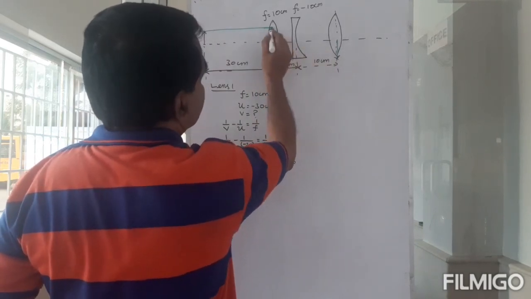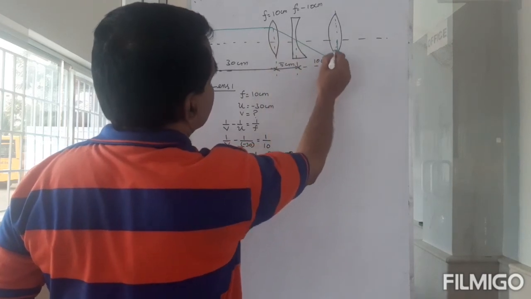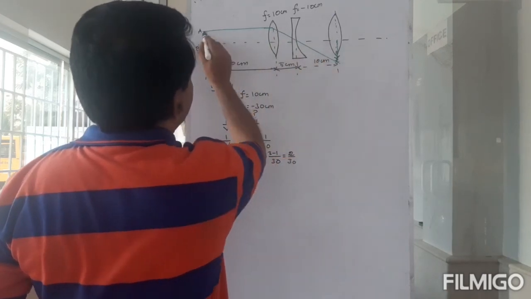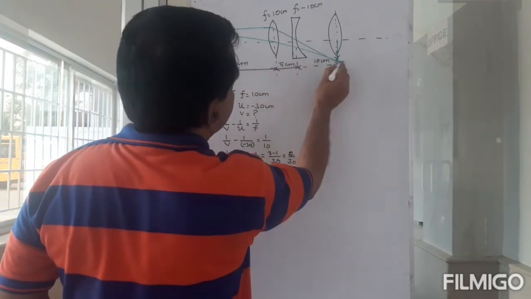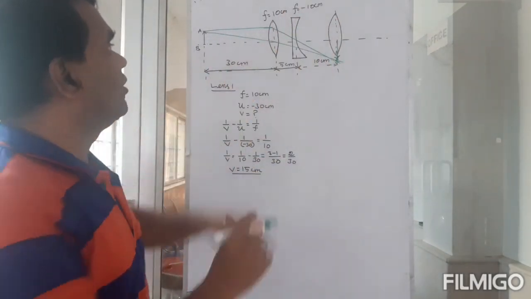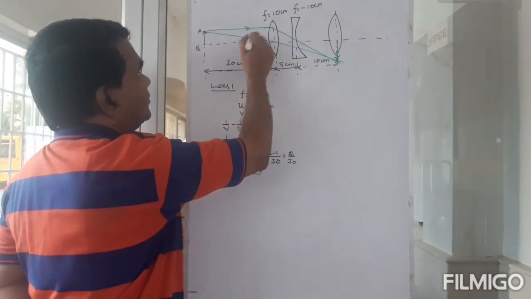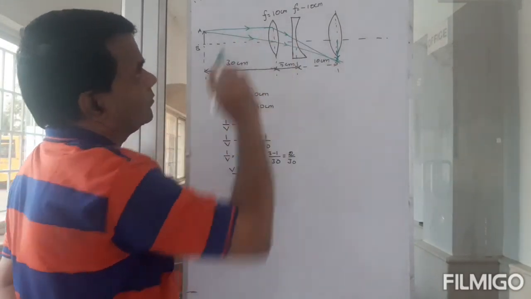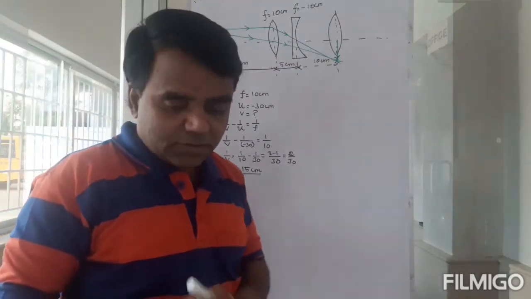If these two lenses were not there, this would have formed the image somewhere here. Doesn't matter.